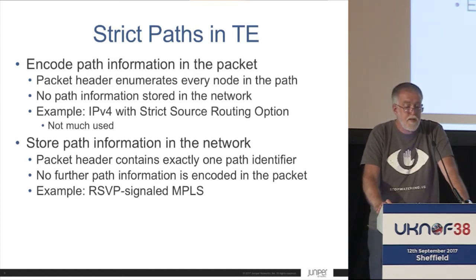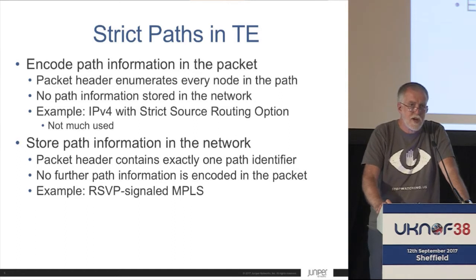And the alternative approach is to put the information in the network and then attach a label or a flavor to the packet so the packet follows that information. And we see that in RSVP-TE, in an MPLS network.